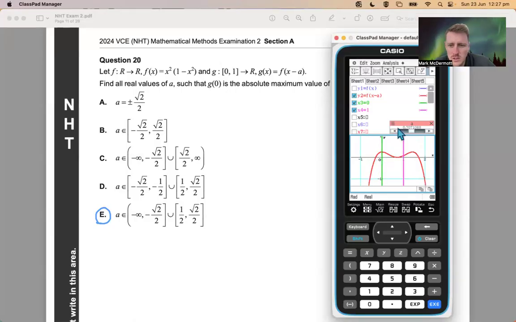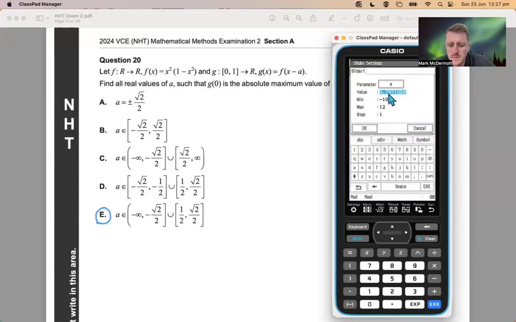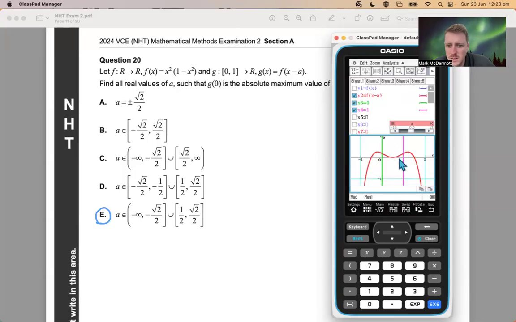Okay, so you can also check 1/2. What happens there? Yep. I think when it's 1/2, it's also got a maximum value of the function at 0.